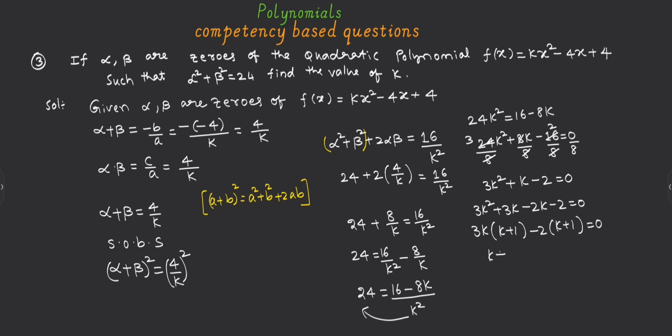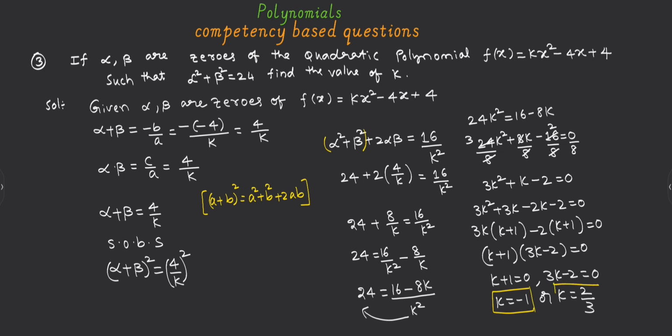Then take k plus 1 common into 3k minus 2 is equal to 0. Then k plus 1 is equal to 0 or 3k minus 2 is equal to 0. Then we get k is equal to minus 1 or k is equal to 2 by 3. So two values are possible here, k is equal to minus 1 or k is equal to 2 by 3. These are the answers for this problem.